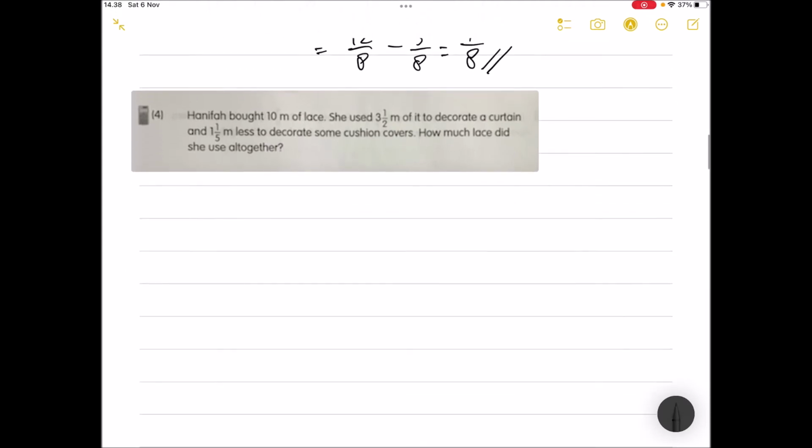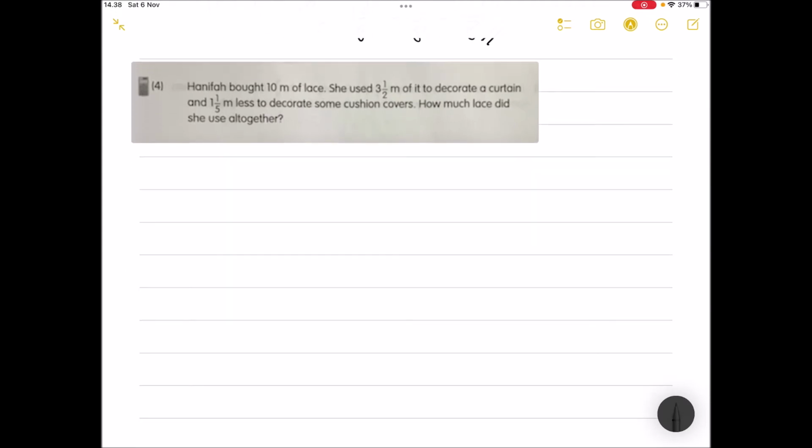Let's go to number 4. Hanifa bought 10 meter of lace. She used 3.5 meter of it to decorate a curtain, and 1/5 meter less to decorate some cushion cover. How much lace did she use altogether?